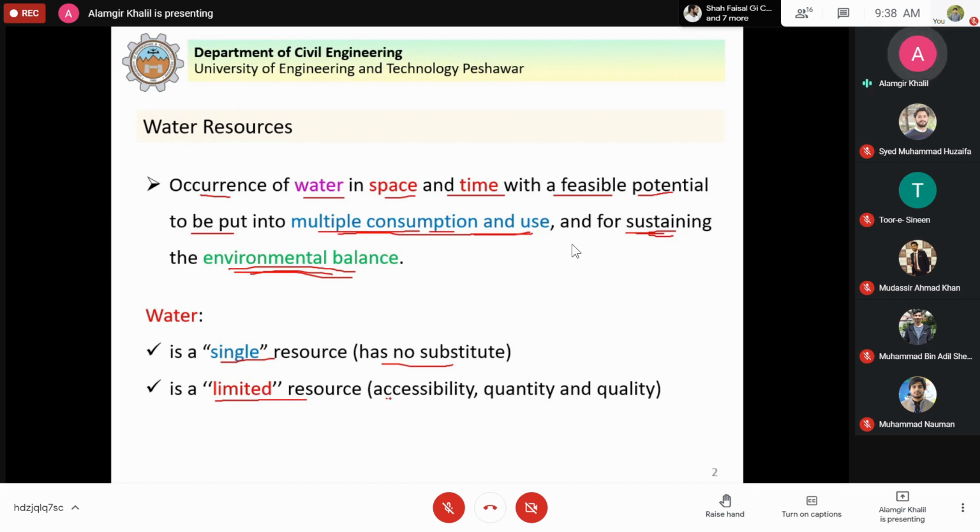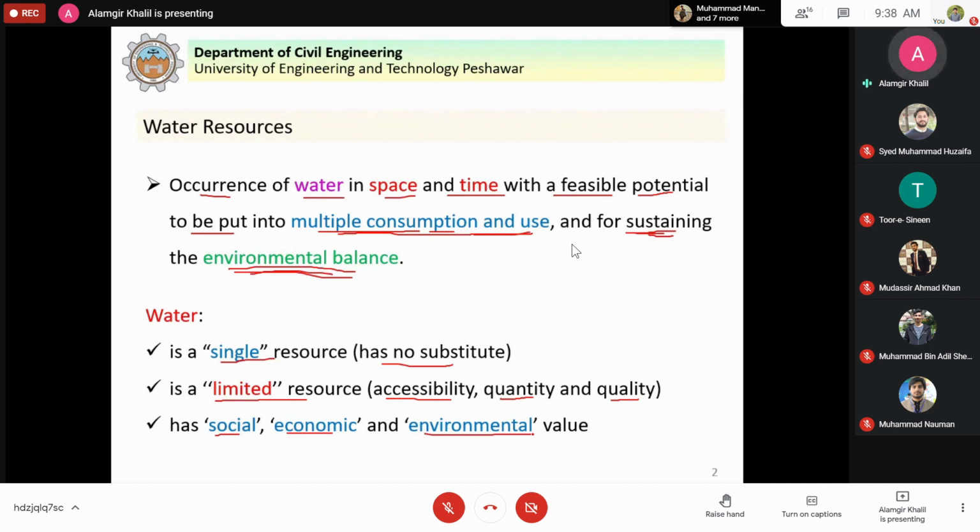Is it accessible to all, to everyone? In how much quantity? And what is the quality of the available water? Water has social, economic, and environmental value.